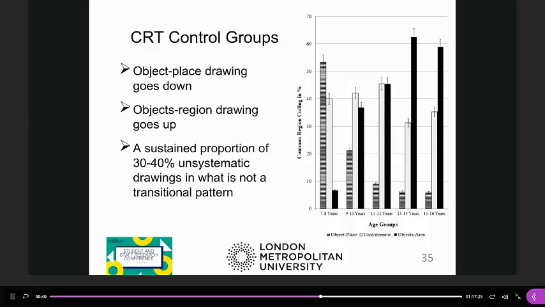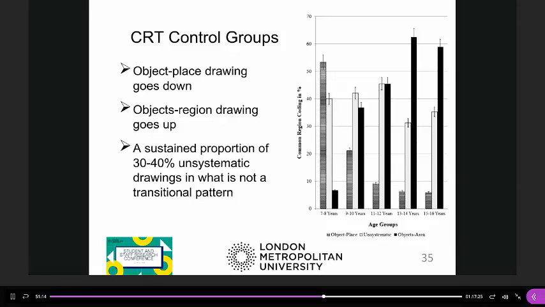So what you can see is that in this sample, these are now just the control groups. We call them control groups here because they are the children who were matched with the children with special needs. And what you can see is that in the typically developing sample, the individual coding, or the object place binding, goes down. So they stop drawing places and they start drawing regions and areas.